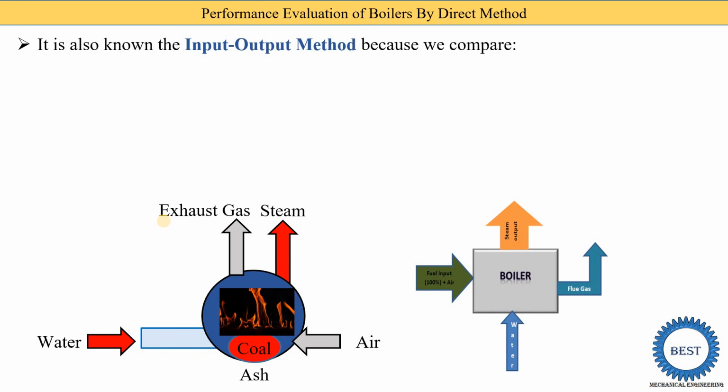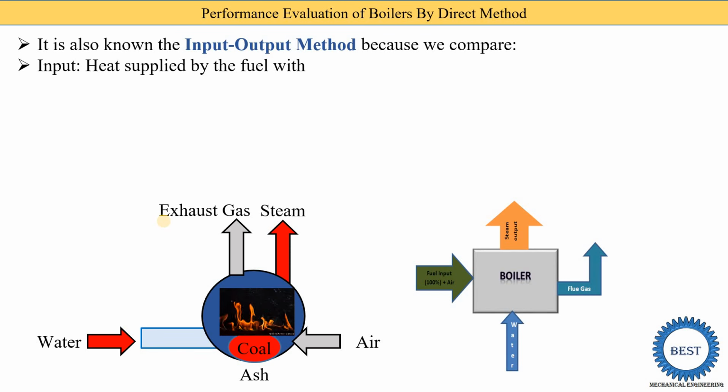This method is also known as the input-output method. Why is it called the input-output method? Because it only considers what the input is and what the output is. It does not consider the various losses that occur in a boiler. So what is the input here? Input is the heat supplied by fuels. The fuel may be fossil fuel or biomass.